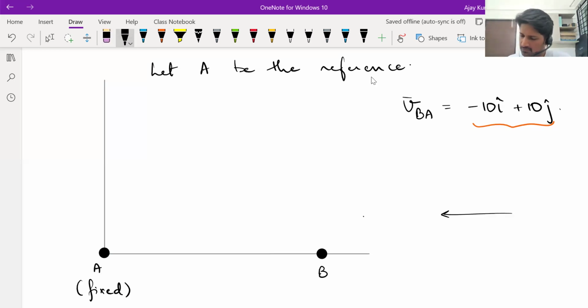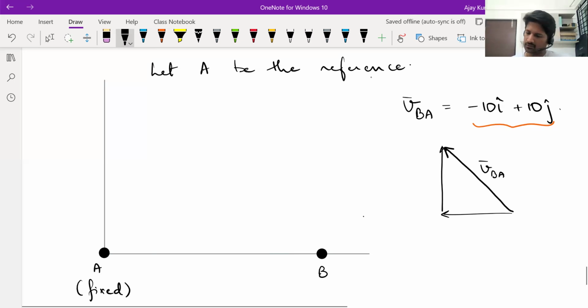Minus 10 i cap will be this way. Plus 10 j cap will be this way. So effectively, the velocity of B with respect to A is like this. So as seen by A, B moves at an angle of 45 degrees with the x-axis.